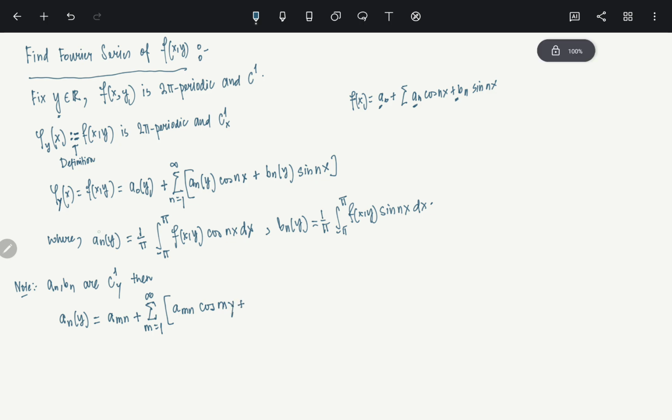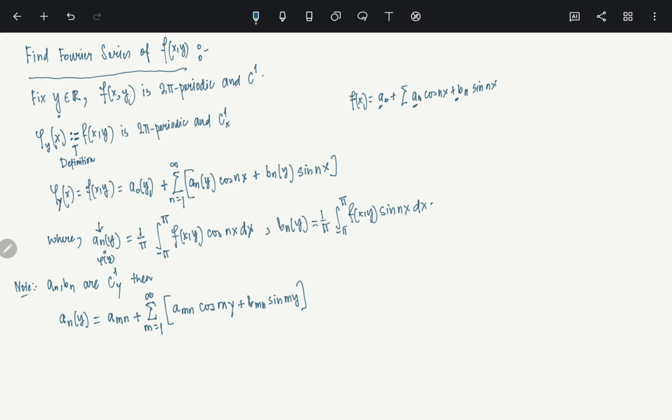Here a_n is a function, think of it like some phi of y. So n is fixed, and the summation is with respect to m. That's your Fourier series.